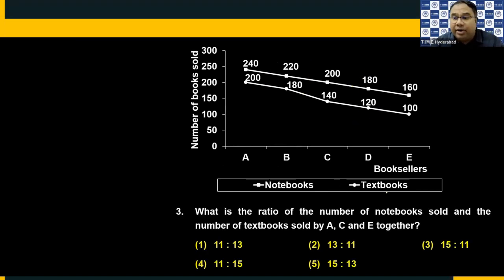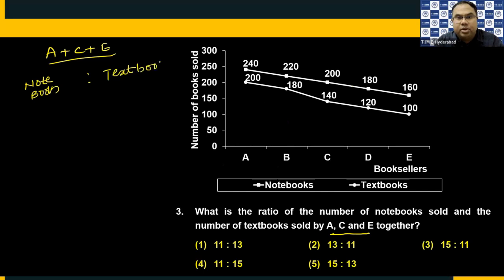What is the ratio of the number of notebooks sold and the number of textbooks sold by A, C, and E together? A plus C plus E, we need the ratio of notebooks to textbooks. Notebooks for A, C, E: 240, 200, 160.